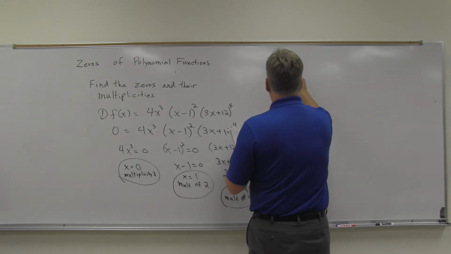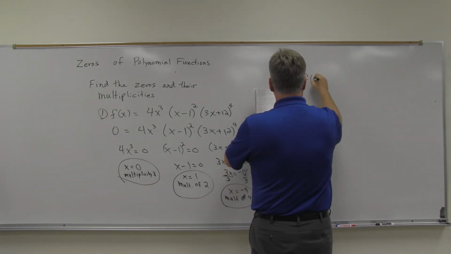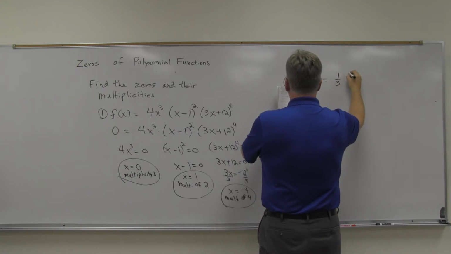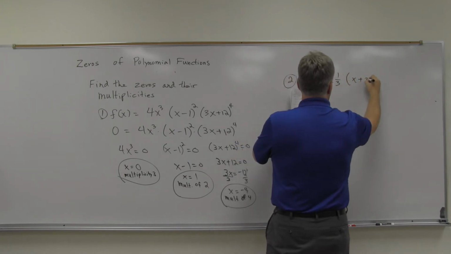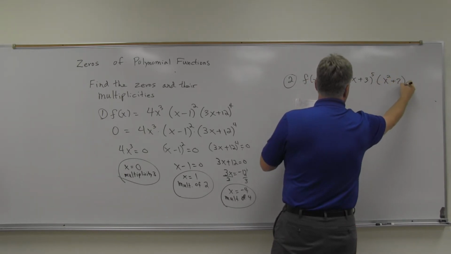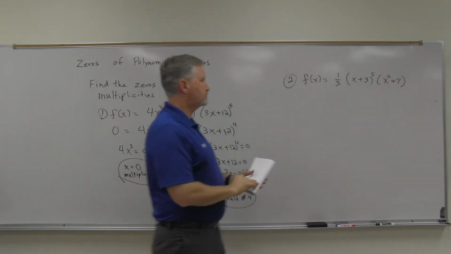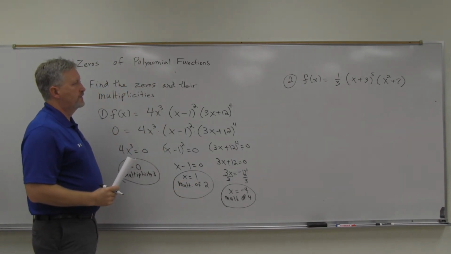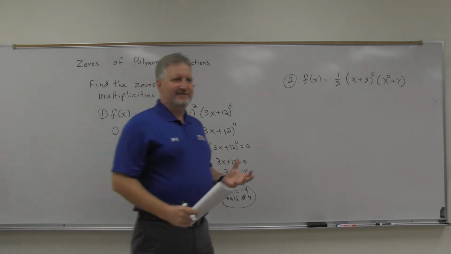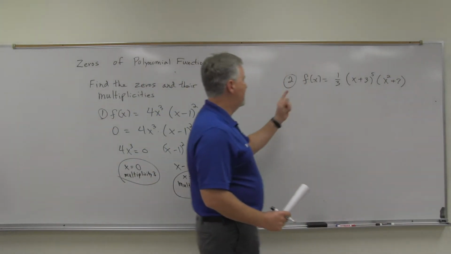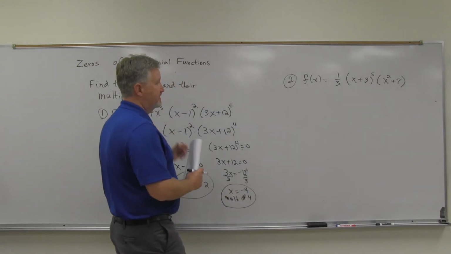What about this one? What are the zeros and the multiplicities of this one? f of x equals 1/3 times x plus 3 to the 5th times x squared plus 7. I mentioned this one for a couple of reasons. First reason is, we're trying to find the zeros and their multiplicities.